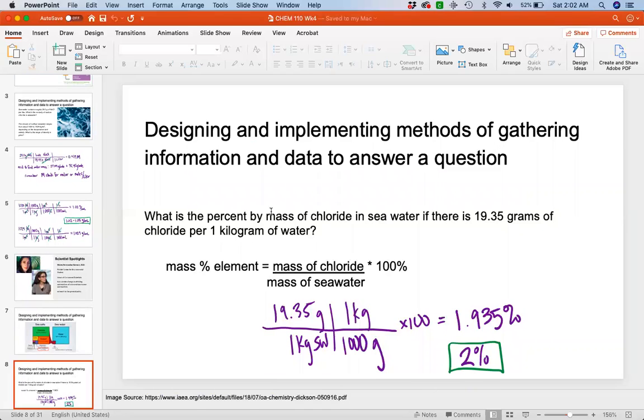So what is the percent by mass of chloride in seawater if there is 19.35 grams of chloride per 1 kilogram of seawater? And so you have 19.35 grams per 1 kilogram of seawater. And then if we do that conversion to kilograms and then multiply by 100, we have 1.935%, or roughly 2%.